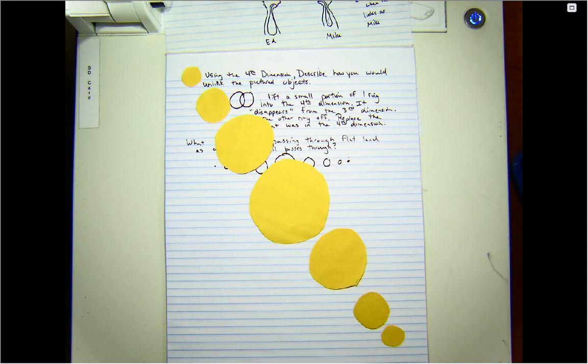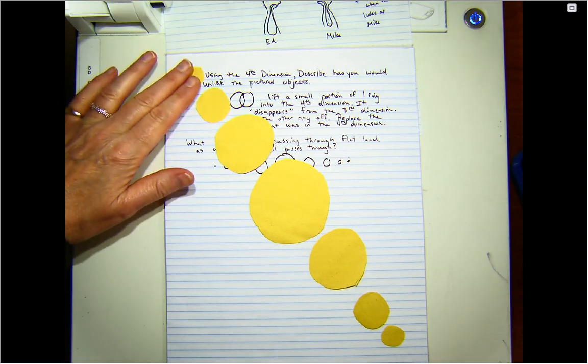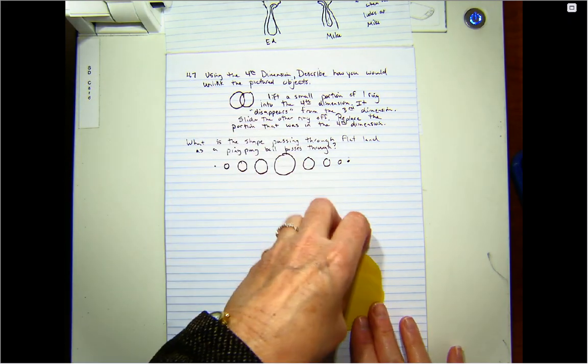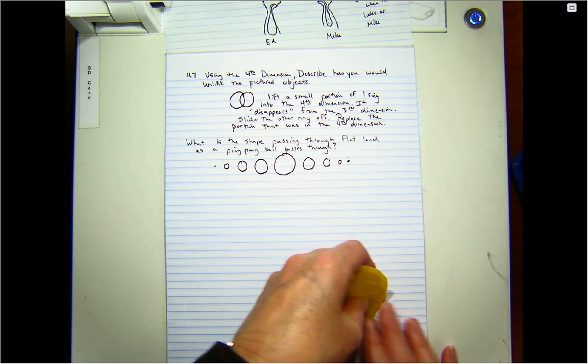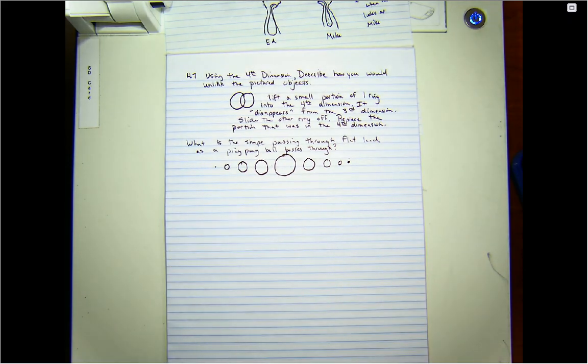A sphere. Yeah, that'd be a cheese ball. Okay, so the level slices passing through the plane would make circles getting bigger and then small again. Next one's a little trickier. And there's more than one answer for the next one.